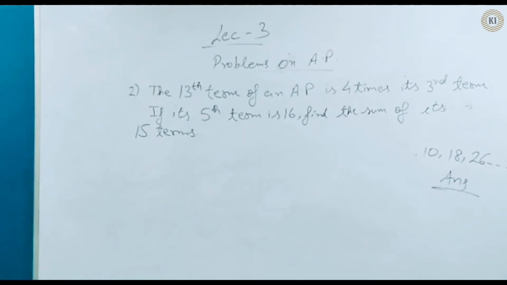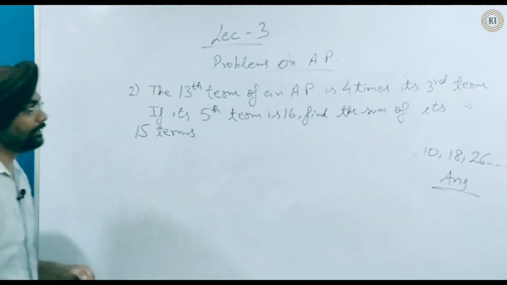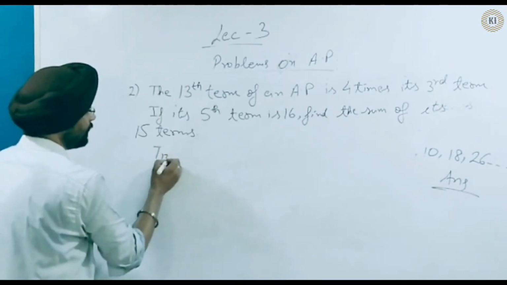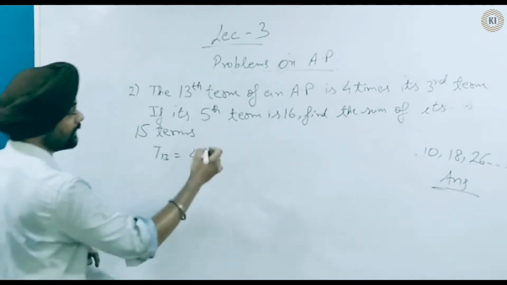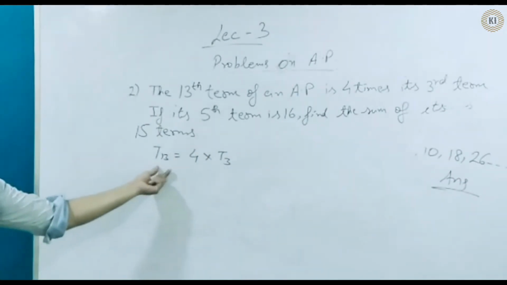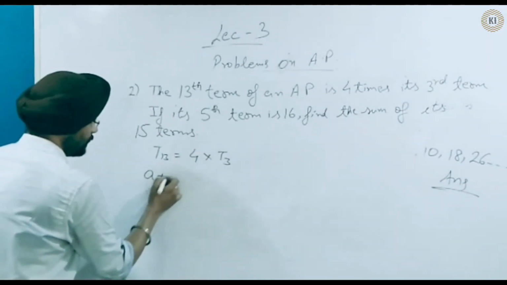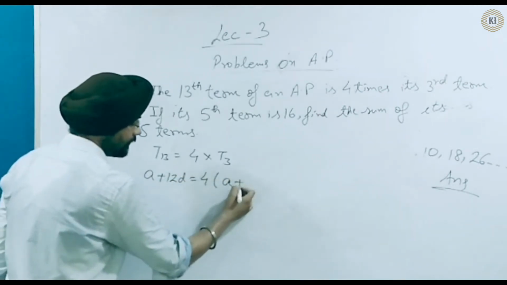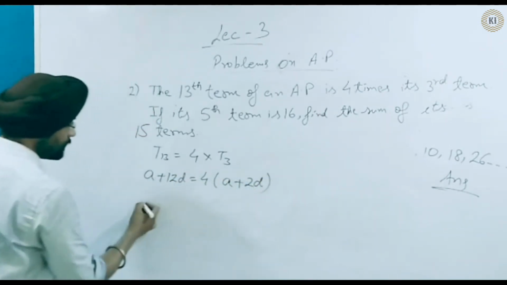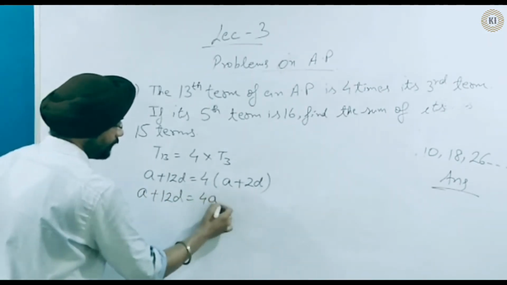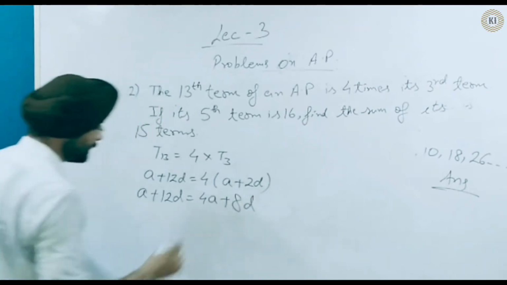Now, the question is: the 13th term of an AP is 4 times its third term. The 13th term means a plus 12d is equal to 4 times the third term, which is a plus 2d. So it will be a plus 12d equal to 4a plus 8d.